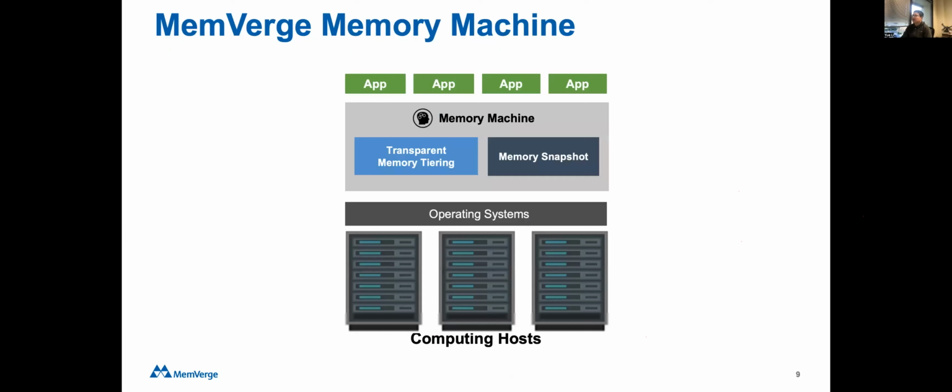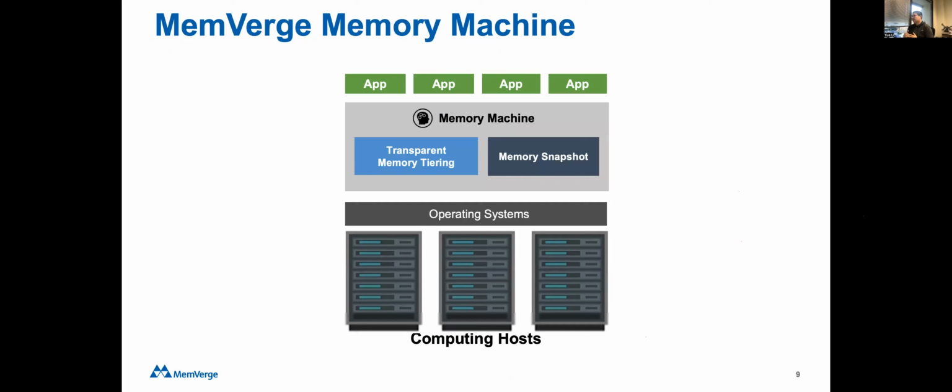So, more concretely, our product is called Memory Machine. Memory Machine right now has two simple categories of features. The first one is called memory tiering, or data path. It provides application-transparent memory tiering by allowing the application to seamlessly use different kinds of memory as a single memory pool.